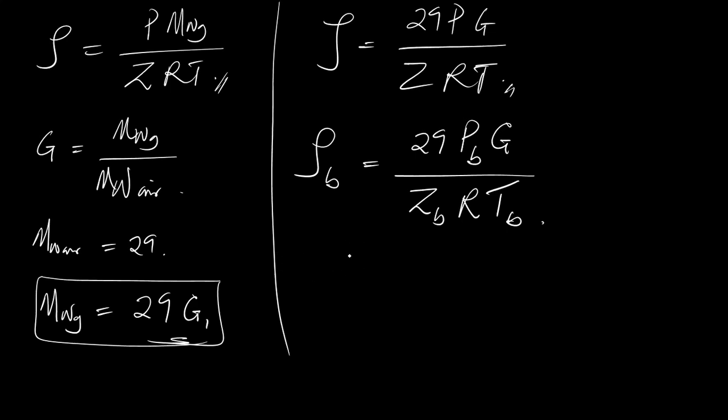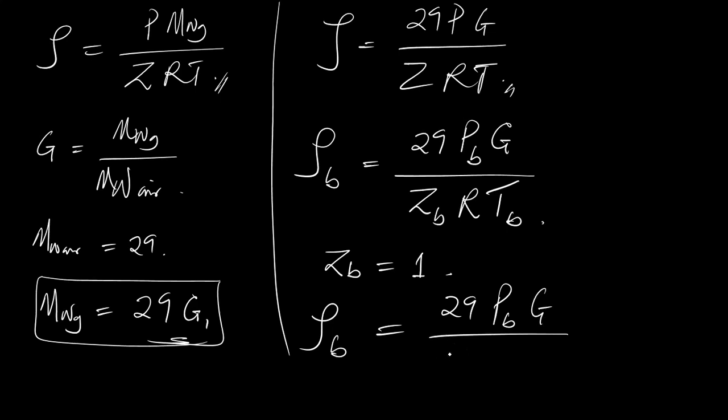Now, the compressibility factor at standard condition is equal to 1. So that means the gas density at standard condition will now be equal to 29 times base pressure times gas gravity divided by RT.